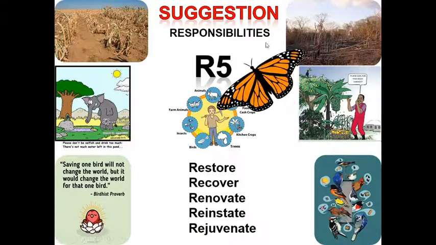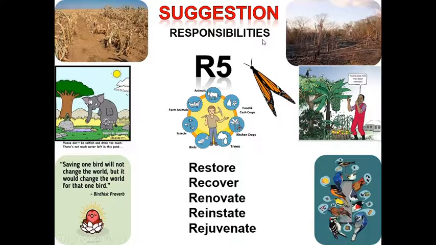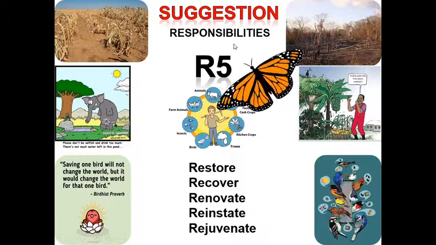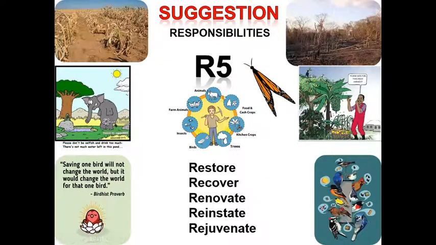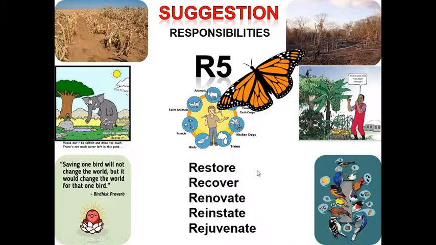These are the R5 responsibilities. Definitely, if we follow them, we can conserve biodiversity. This is the suggestion made by me through B5. If you follow this R5, we can do it.